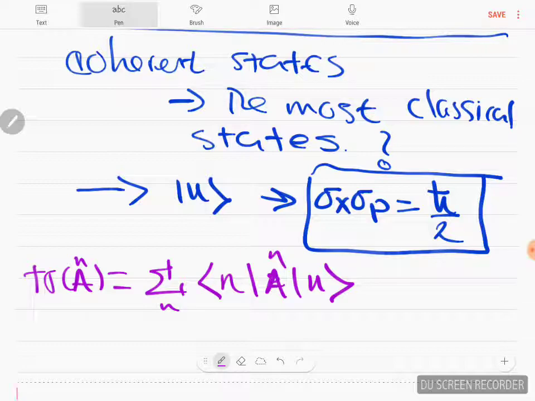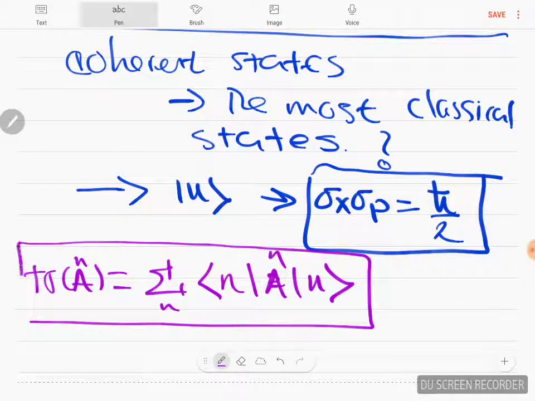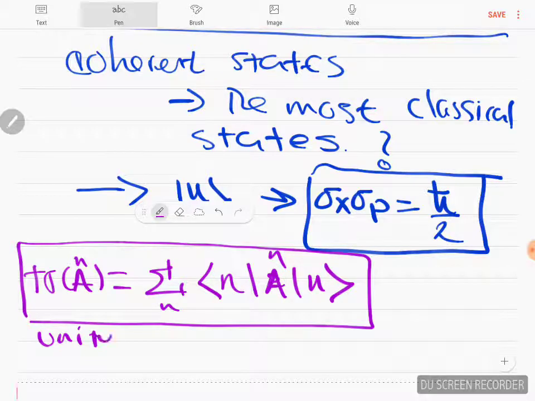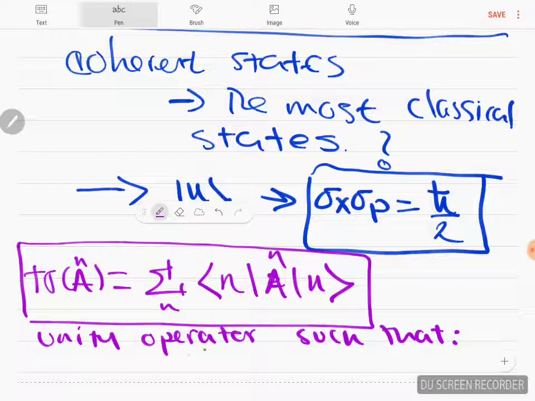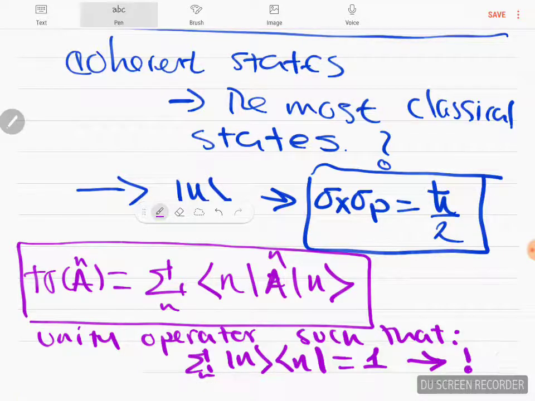This is just the summation of the diagonal elements of operator A. This is possible because there exists a unity operator such that the summation over n of |n><n| is equal to 1.